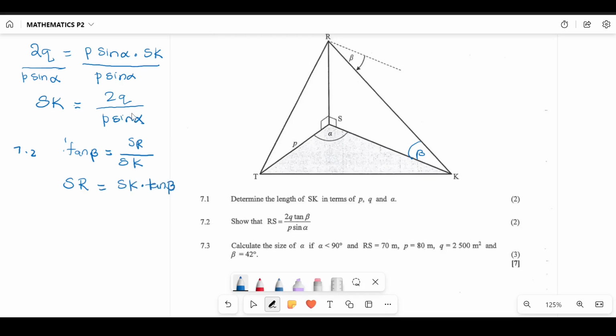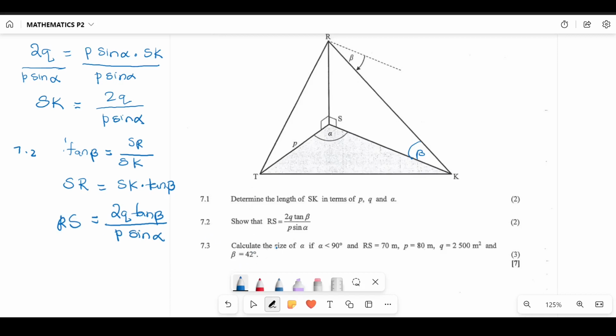But we already know SK, which is 2Q over P sine alpha. So RS equals 2Q tan beta over P sine alpha. We just substituted for SK. So we showed that RS is equal to this.